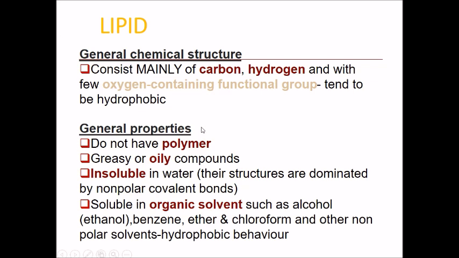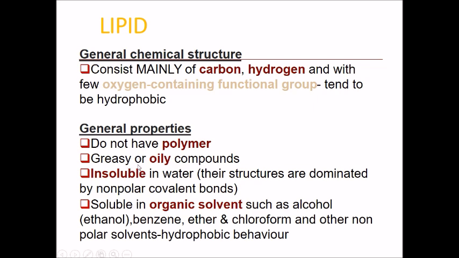Therefore, the general properties of lipids are that they do not have polymers, meaning lipids do not come from a monomer, such as carbohydrates do. They already have their own structure that cannot make up any polymer from a monomer.